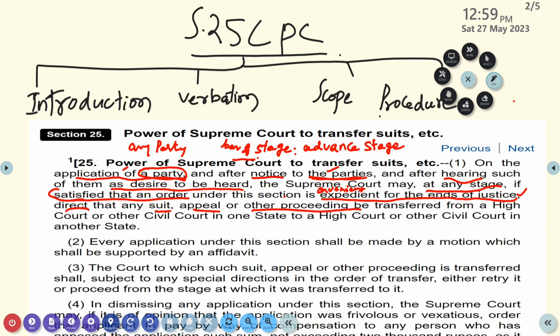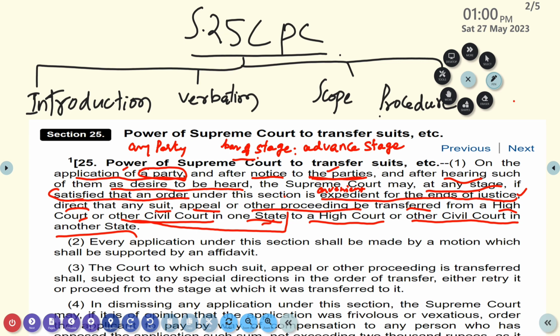So every proceeding before the court can be transferred from a high court or other civil court in one state to a high court or other civil court in another state. So here, the court from which a case has to be transferred, either it may be a high court or any other civil court, but it should be located in one state.